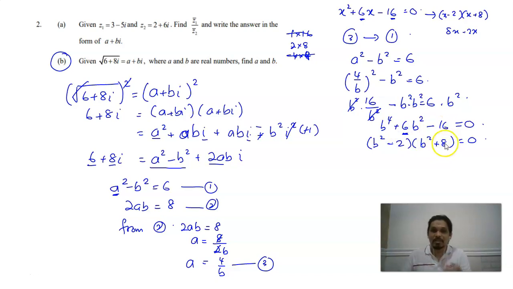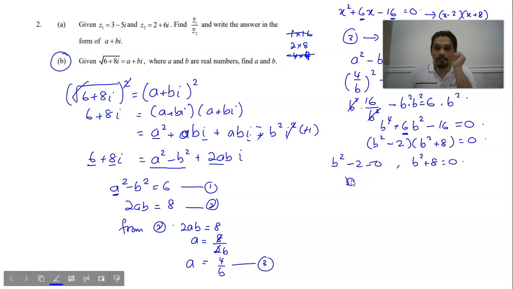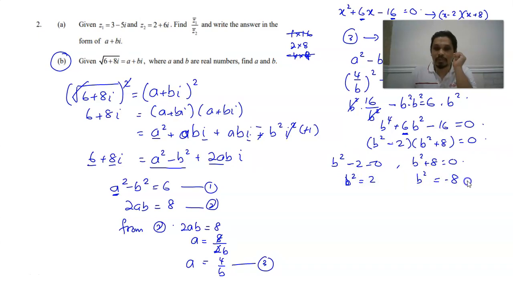There you go. So it means that here we got b squared minus 2 equal to 0, b squared plus 8 equal to 0, then b squared equal to 2, b squared equal to negative 8. Just substitute any values of b, whether positive or negative. But when it comes to b squared, a positive value squared equals a positive value.